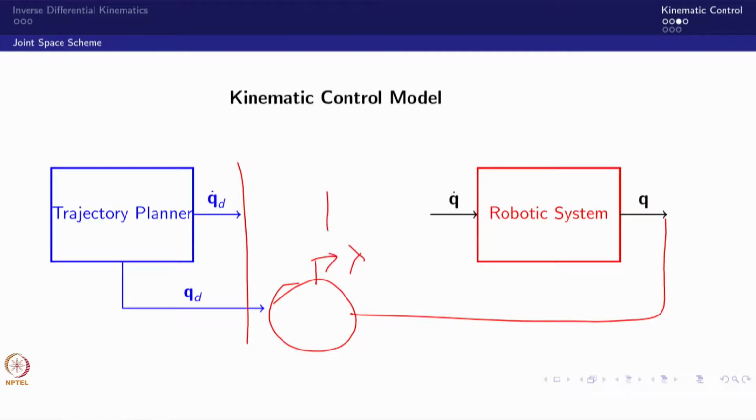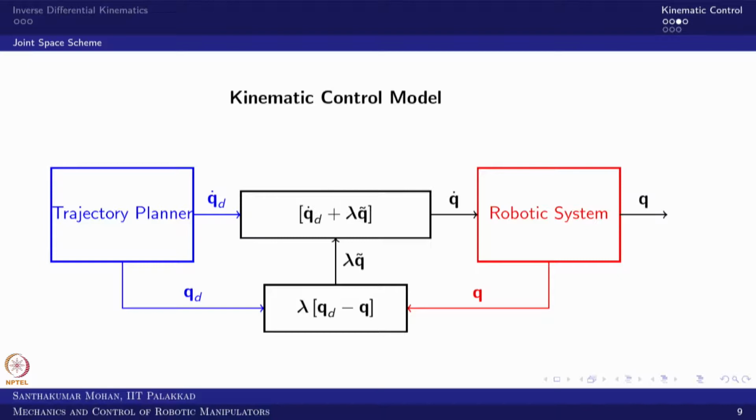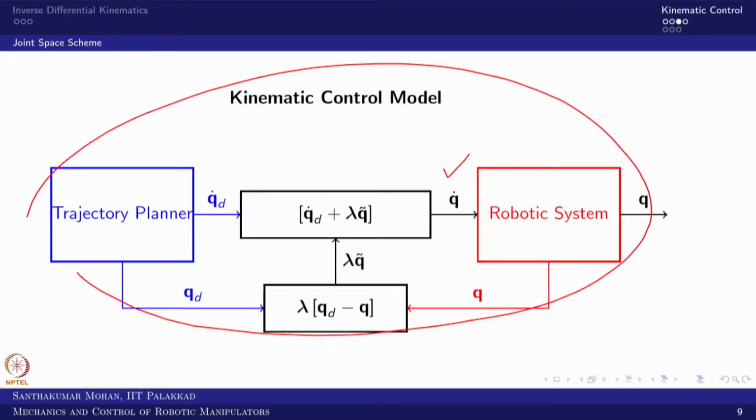Then I can add it to this, right. So that is what I am trying to do. Now I calculated the error, this is nothing but q tilde. Then I can feed that to some block, where I said q desired dot plus lambda q tilde would be the q dot as the input, right. This is what we have seen in the previous. So this is what we can call the kinematic control model.